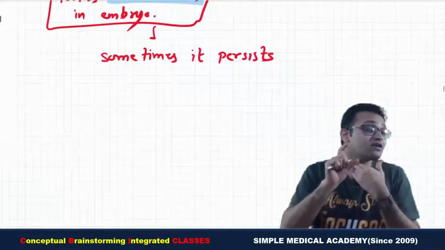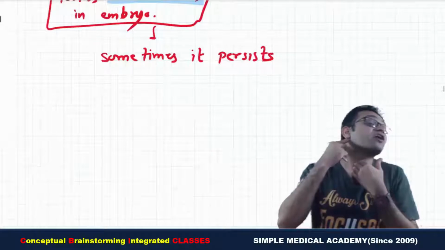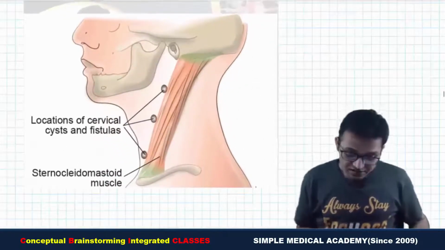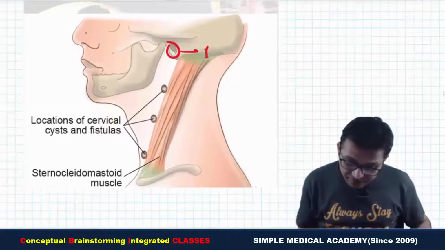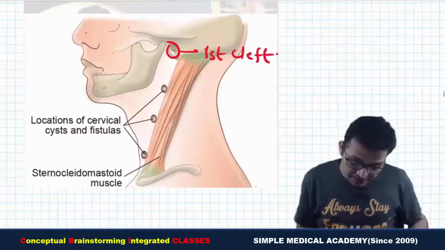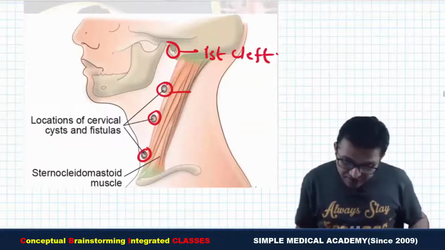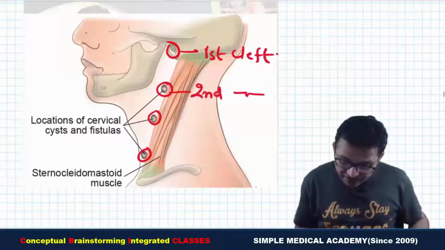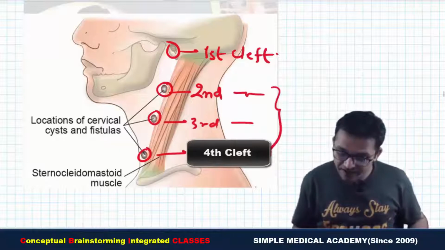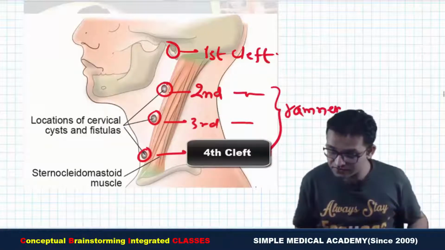But sometimes a few patients come with an external opening along the anterior border of the sternocleidomastoid. Can you see this image? This is the first cleft. All the others disappear, but sometimes they may persist as the second, third or fourth cleft's remnant. Sometimes, not always.